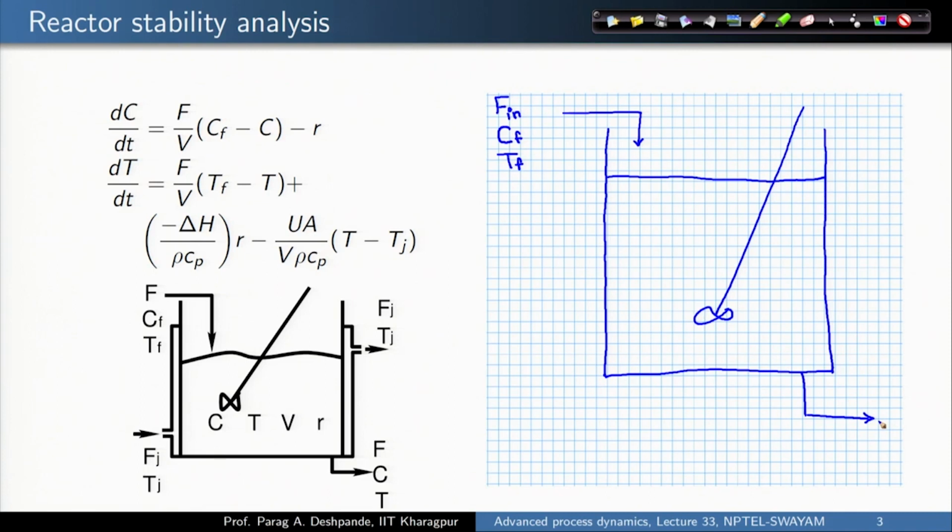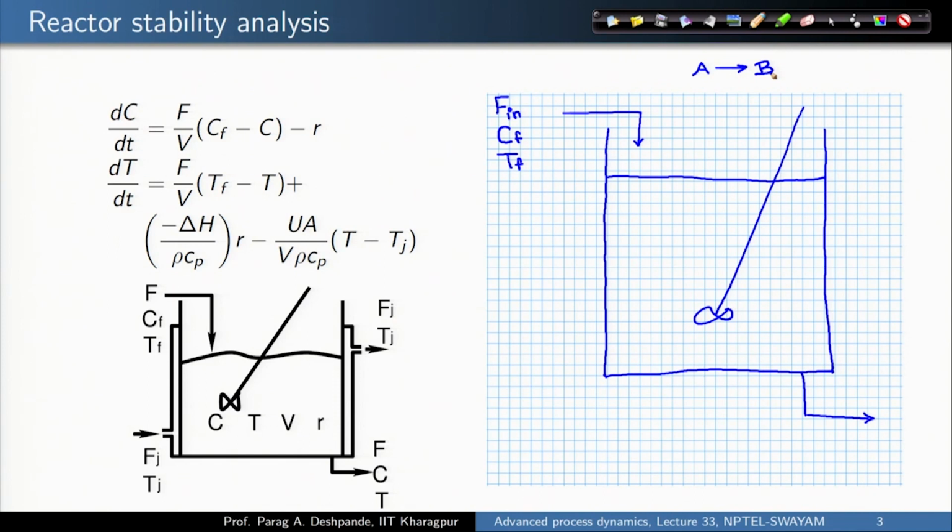So, the material flows in with certain concentration of the species, and let us say that an irreversible reaction A going to B takes place inside the reactor. Okay, we have assumed that the reaction is irreversible, and we are tracing only the concentration of A. If you know the temporal profile of concentration of A, then you would automatically know the temporal variation of B using this simple reaction equation.